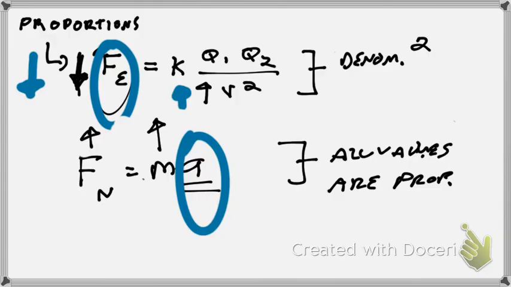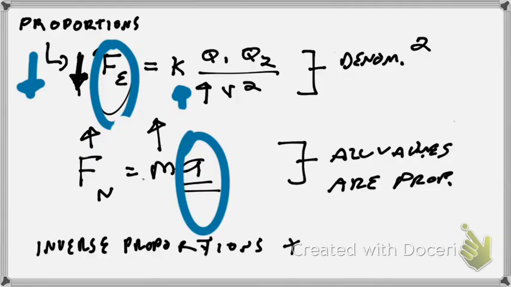The difference between these two equations and these two relationships is the difference between inverse proportions and normal proportions. And that is something that is frequently tested on the MCAT. So we'll do more examples. Let's do one more example just so you understand the relationships, okay?